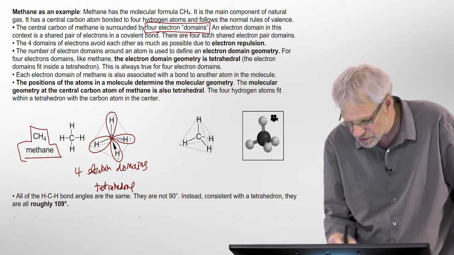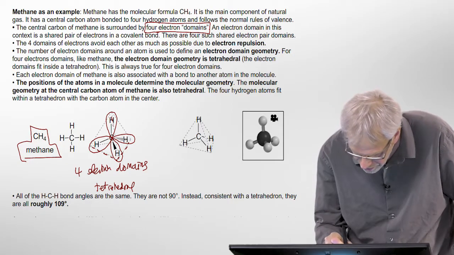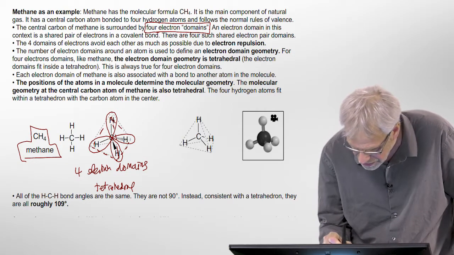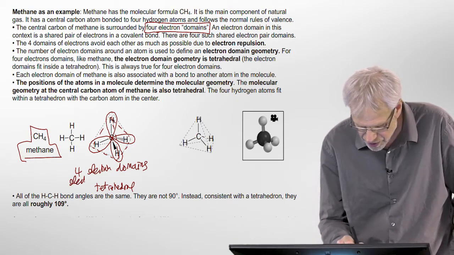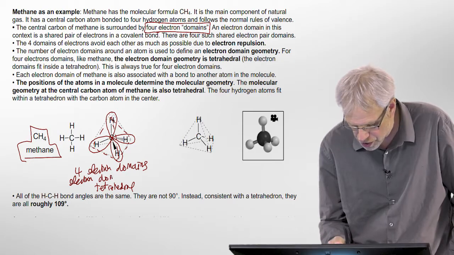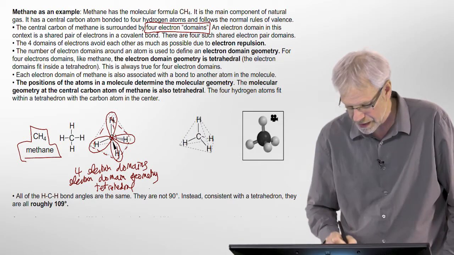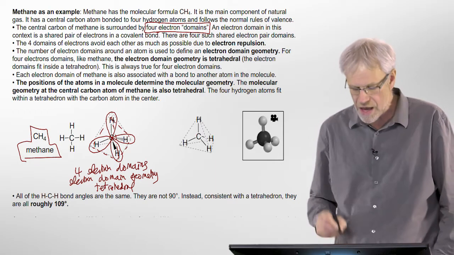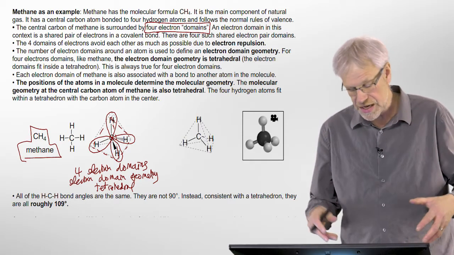What that means is those 4 electron domains will fit within a tetrahedron, a 4-sided 3-dimensional figure as shown here. And so the electron domain geometry, where the electrons are in methane, is tetrahedral.